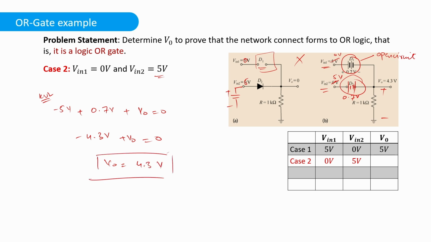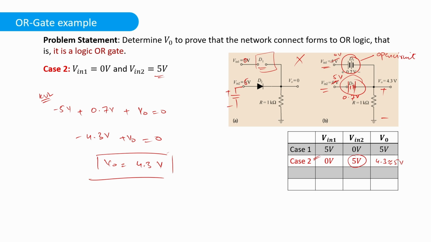So once again, we saw that in the second case, when we have no input in the first terminal and there is some voltage applied on the second terminal, we have this value 4.3 volts, and in logic gates we can assume it to be equal to 5 volts.